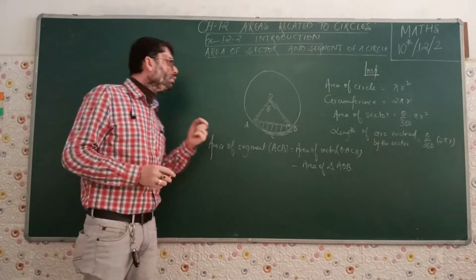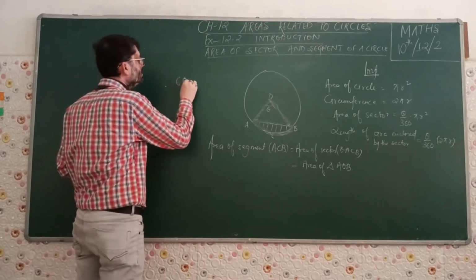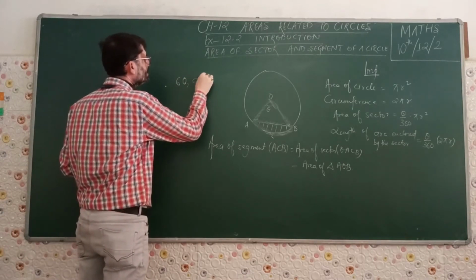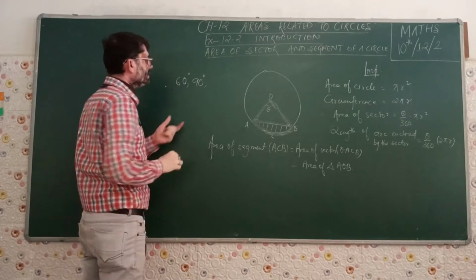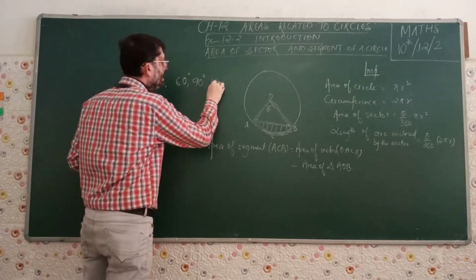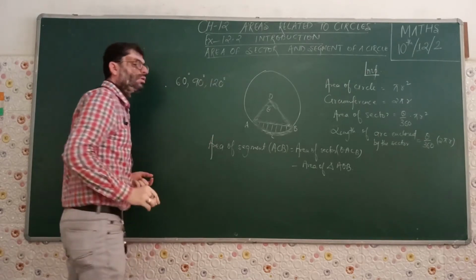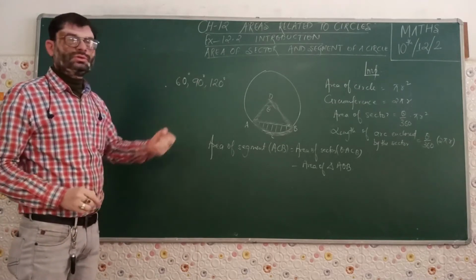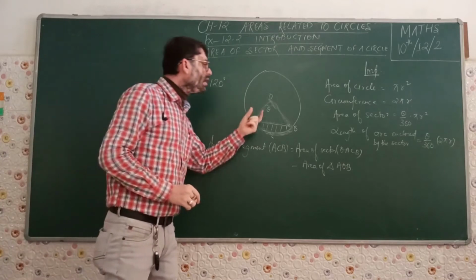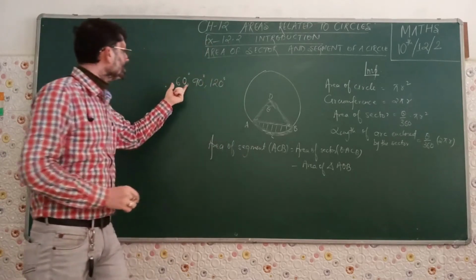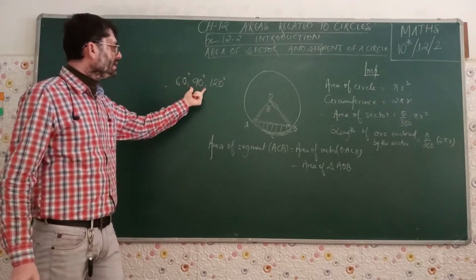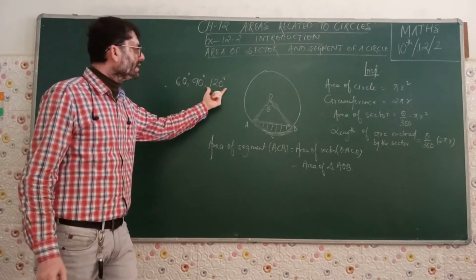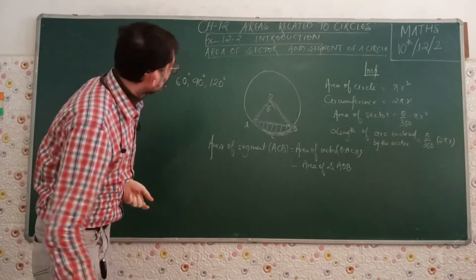Only these three are considered in your syllabus. So there are three different triangles and we should know how to find the area of the triangles when the central angle is 60 degree, 90 degree and 120 degree. So let us move on to this.